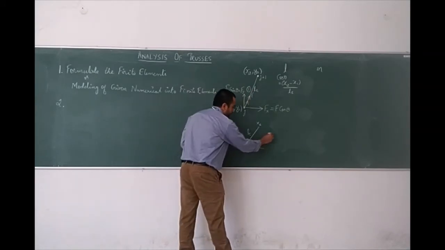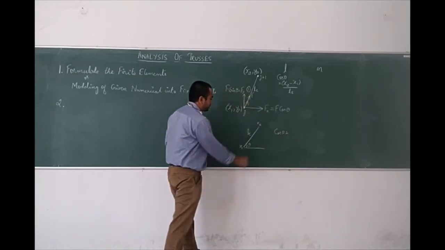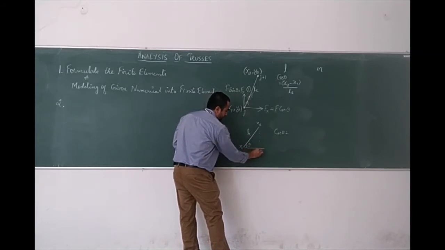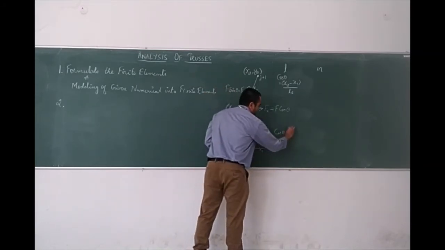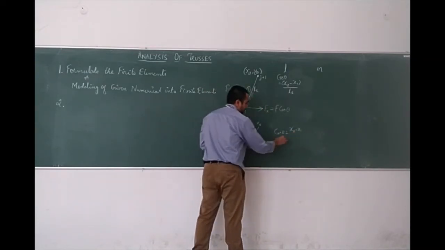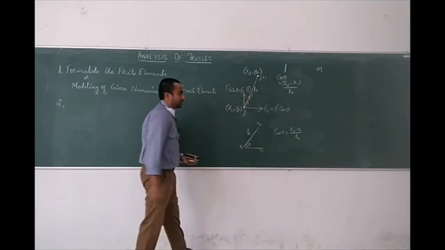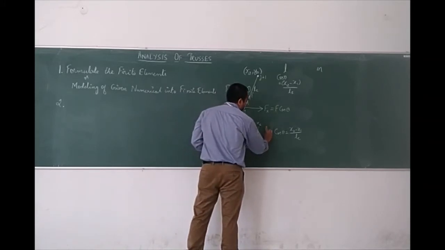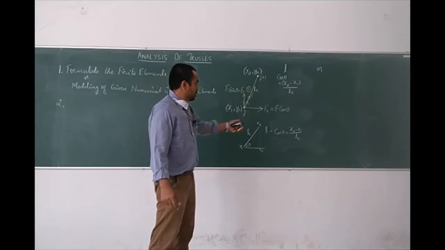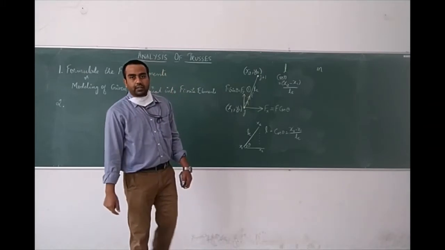So cos theta will be equal to this length that we need, which is x2 minus x1, divided by L suffix e. So this is equal to L. The directional cosine value of L is cos theta, which is equal to x2 minus x1 by L suffix e.